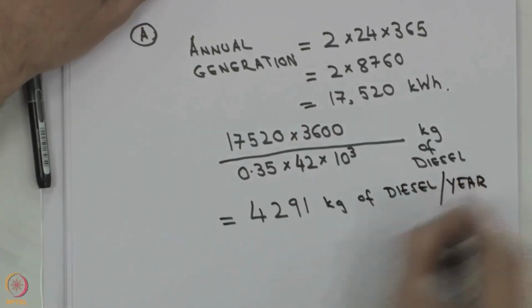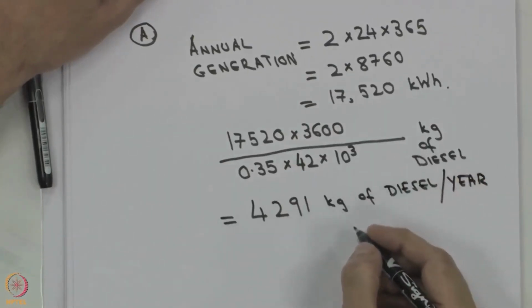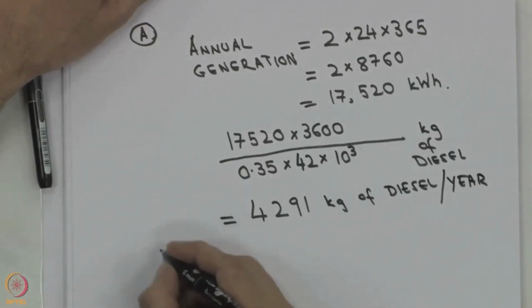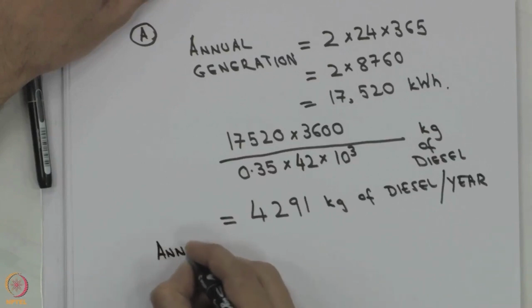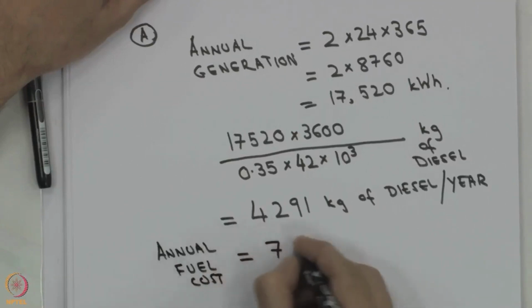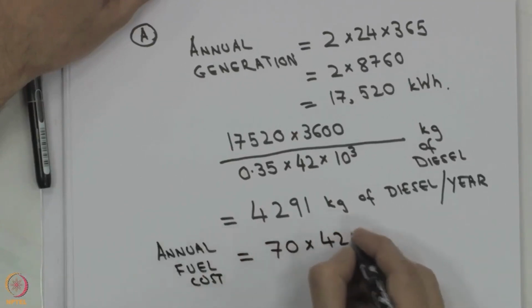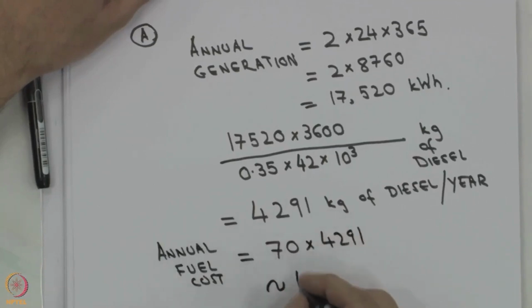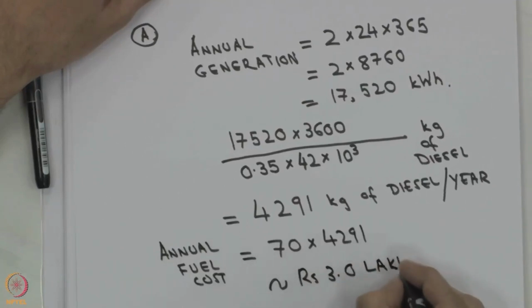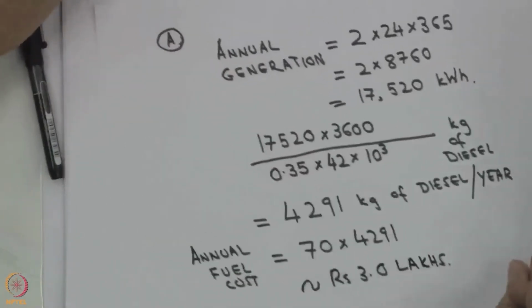Okay. So, once we get this, now we know how much diesel we use, and given that the price of diesel is 70 rupees, we just take the annual fuel cost as 70 into 4291, approximately equal to rupees 3 lakhs. What about the annual O&M cost?